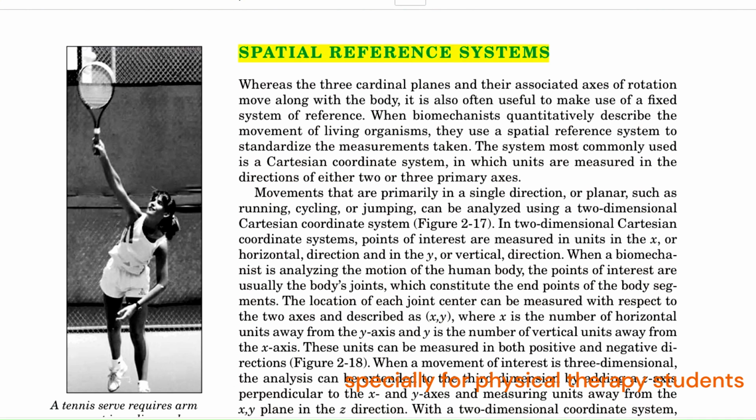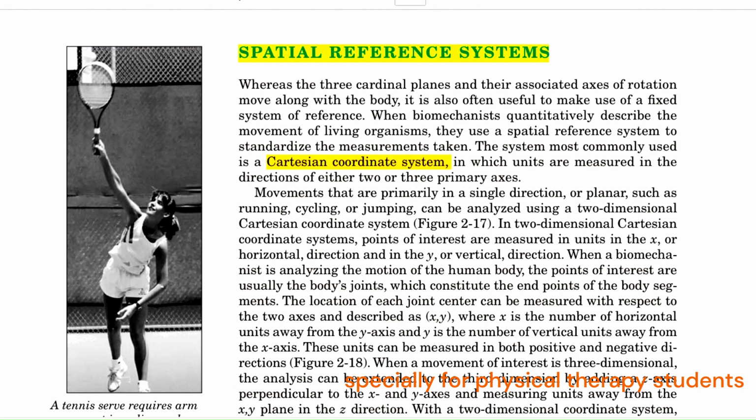There are two types of Cartesian coordinate system: the first is 2D, two dimensional, and the second is 3D, three dimensional.